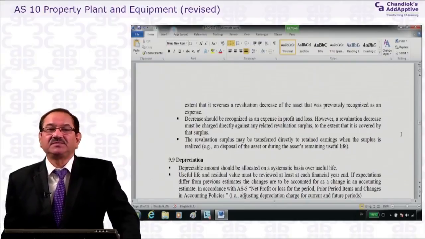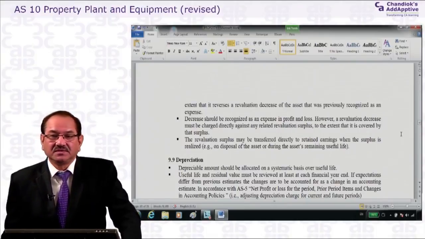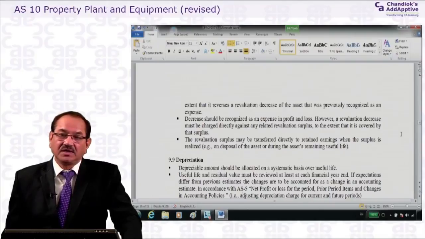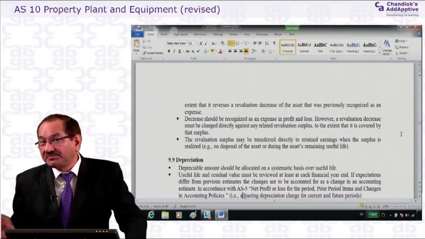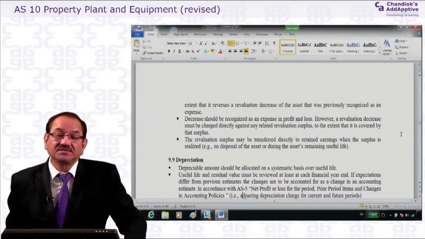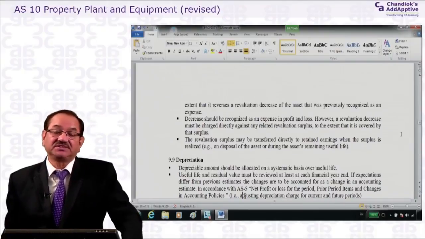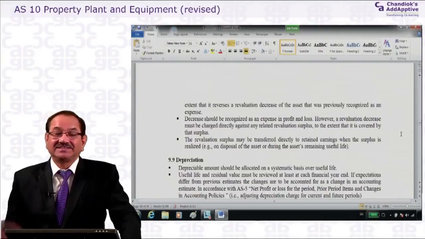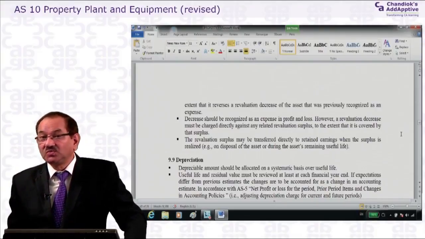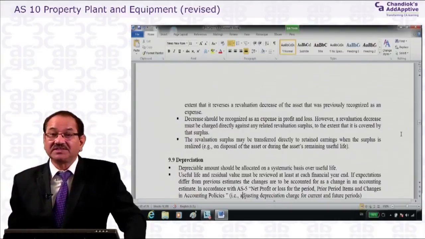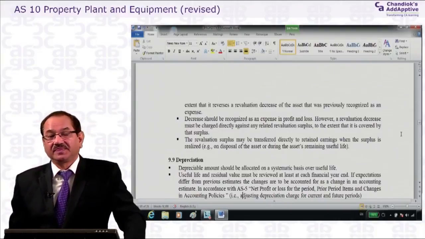And we will discuss these depreciations, how it is the same way, how it is different from the earlier standards, which you have read in your PCC. As regards the depreciations, you have Schedule 2 of the new Companies Act 2013.